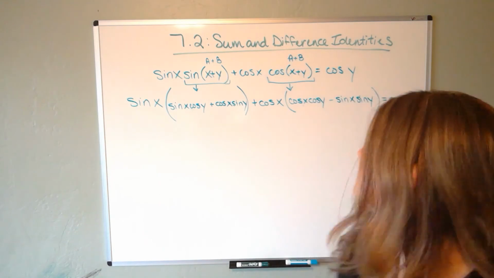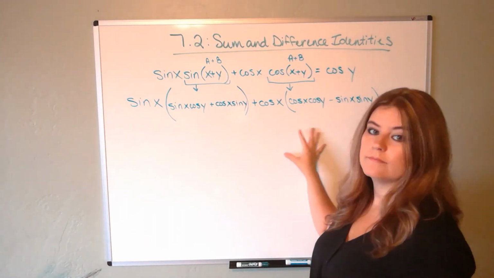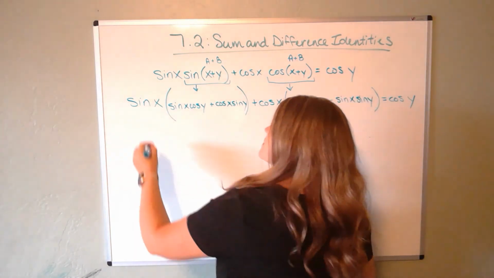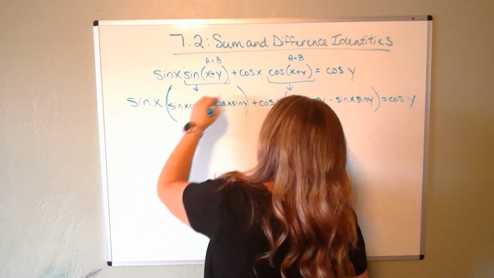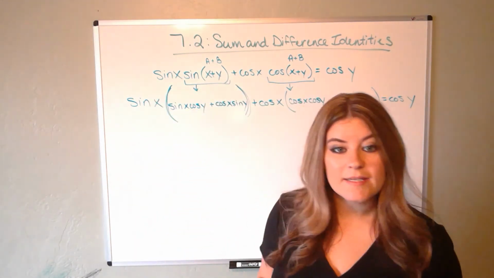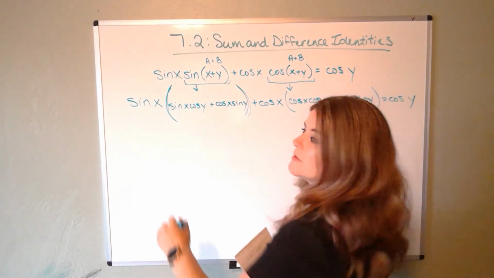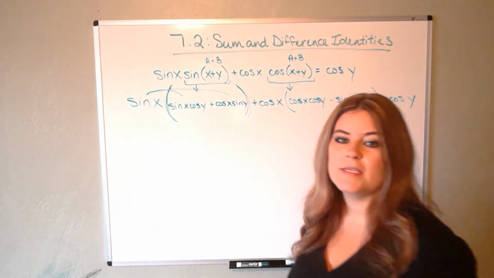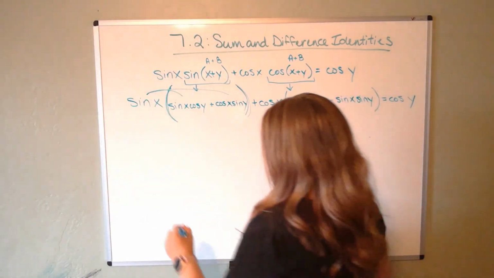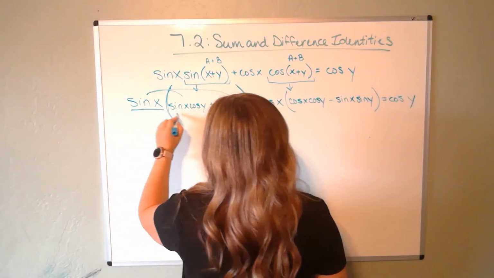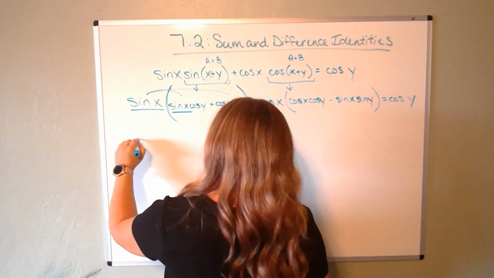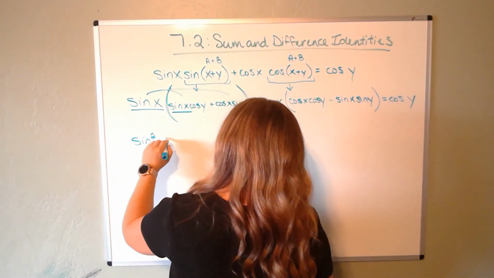So you guys, next step. It'll get a tiny bit better on this step. All right, so what we're going to do, because we need those parentheses, I'm going to distribute this sine term to both of these terms in the parentheses. So that's your next step. Sine x times sine x, those are both x's, so you can put that together as sine squared x.